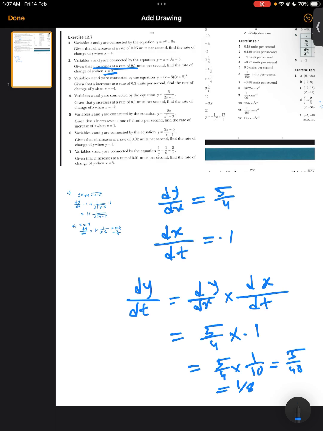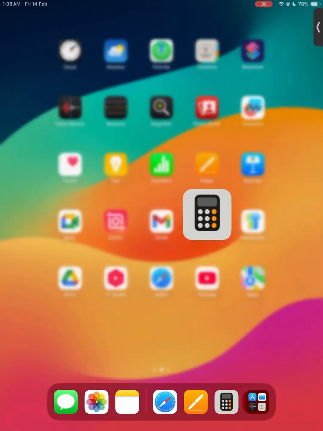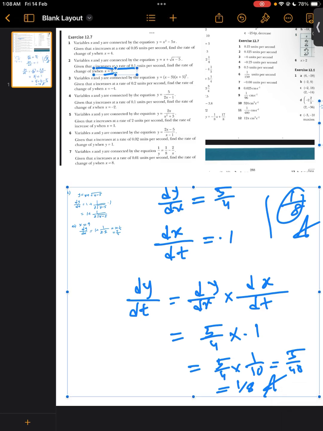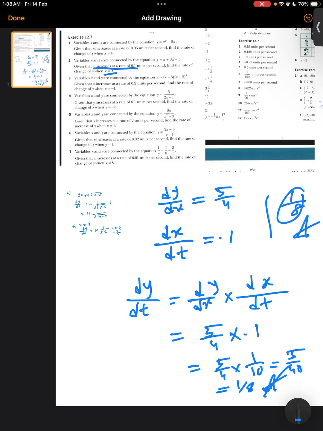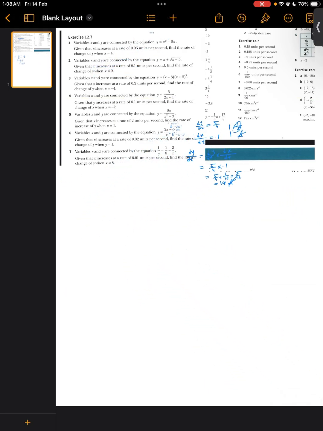I guess 1 by 8 is 0.125. So 1 by 8, it should be the answer. Let me check a bit. Yeah, the answer is correct. So this is the answer. Number 2 done.